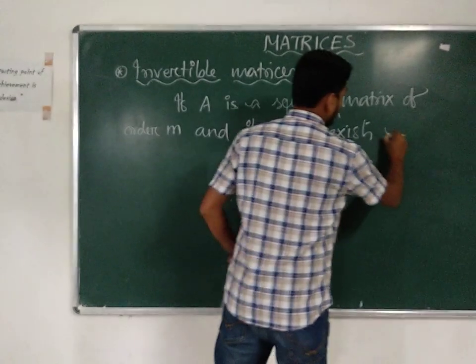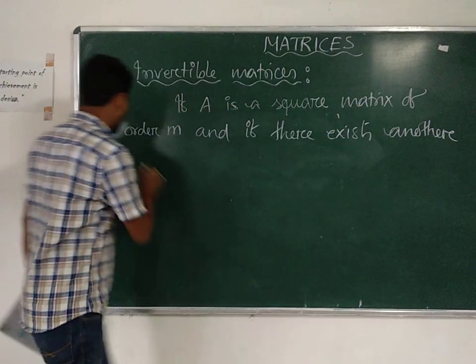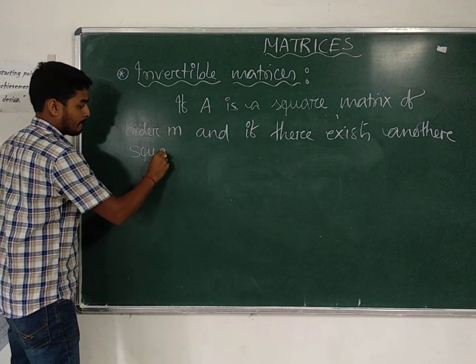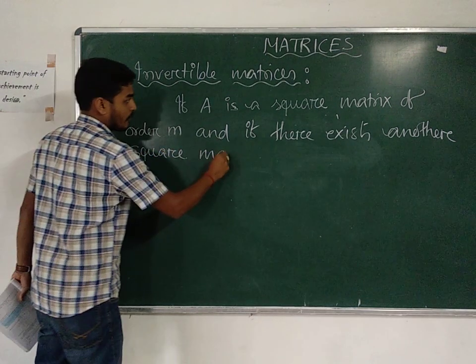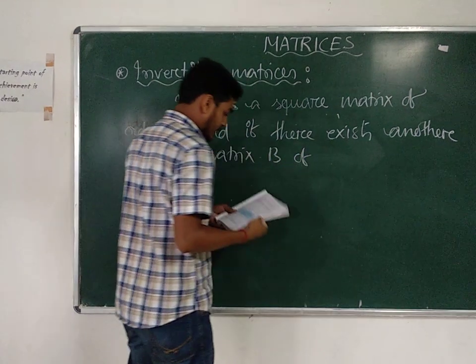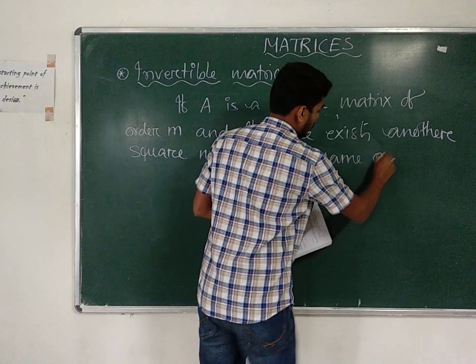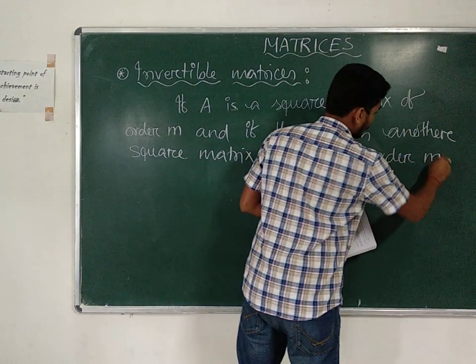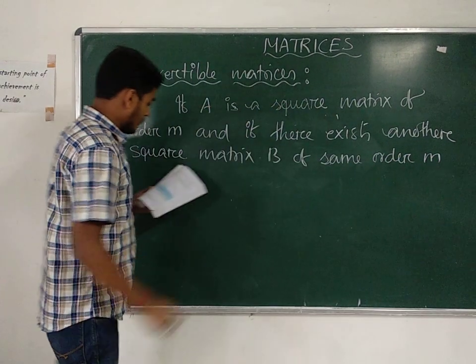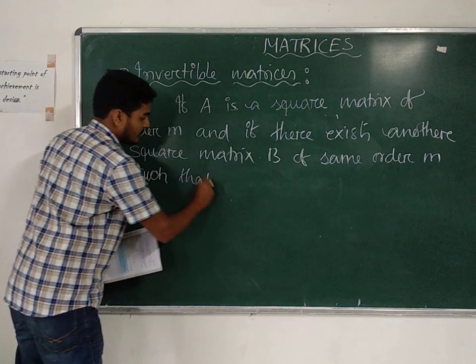there exists another square matrix B of the same order such that, what is the condition to be satisfied?